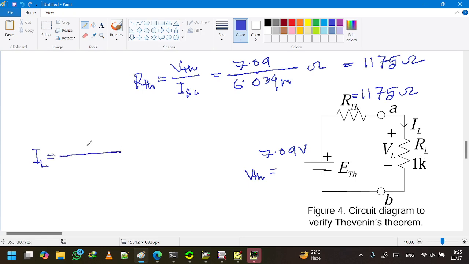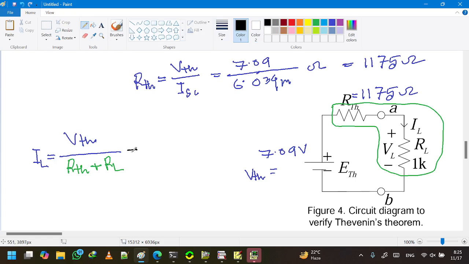By using Ohm's law, we have VTH divided by, these two resistors are in series, this one and that one. So we can add them together, so we can write RTH plus RL. So it will give us the overall result.